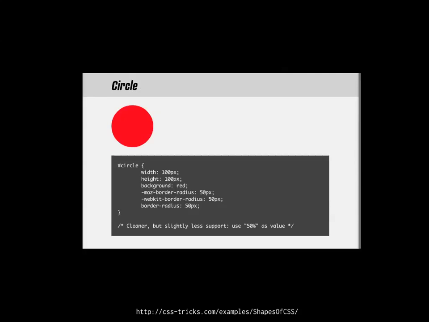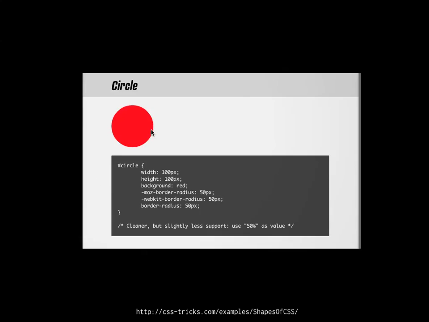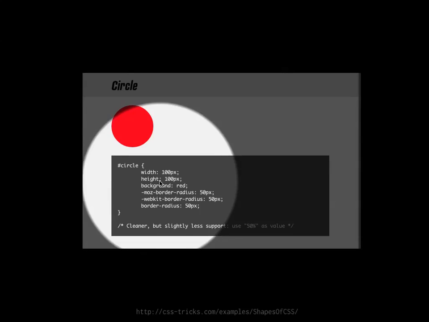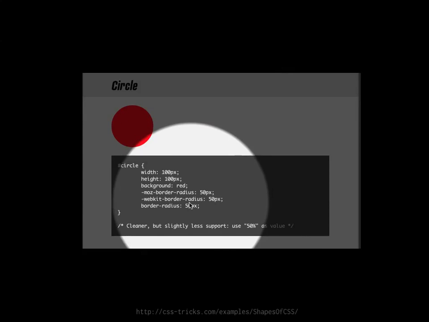If you manipulate the border radius such that it's a full half of the size of that square, it turns it into a circle. So you can create a circle out of a div or any other block level element simply by specifying a width and a height, a background color, and a radius that's half the width and height.